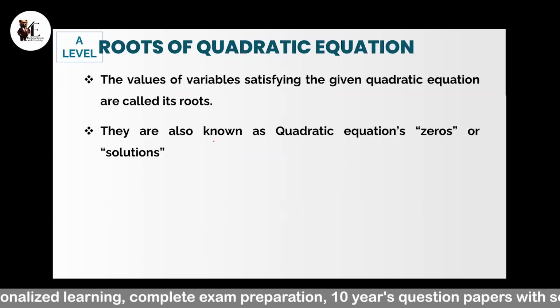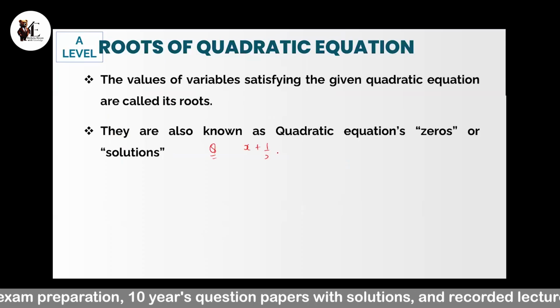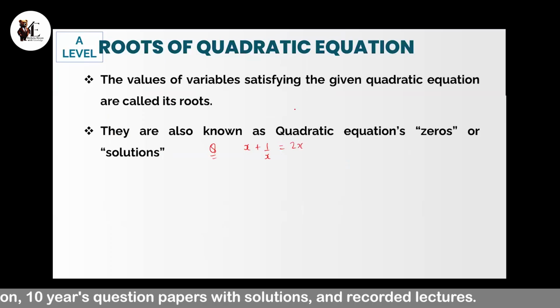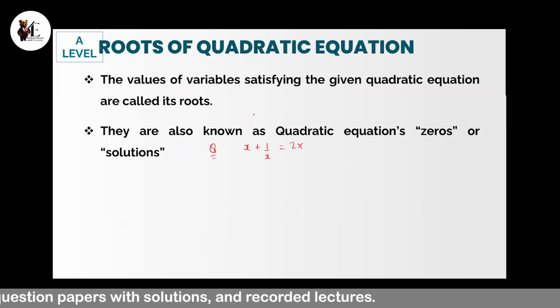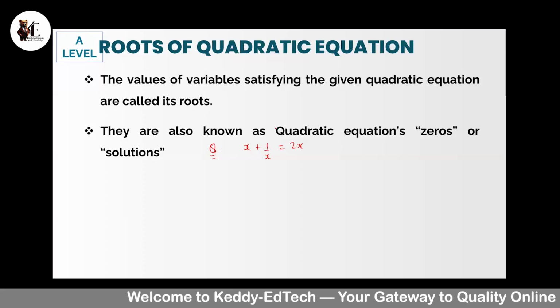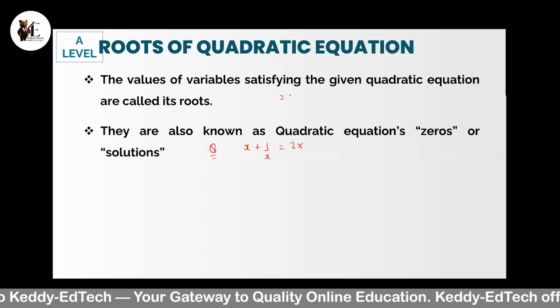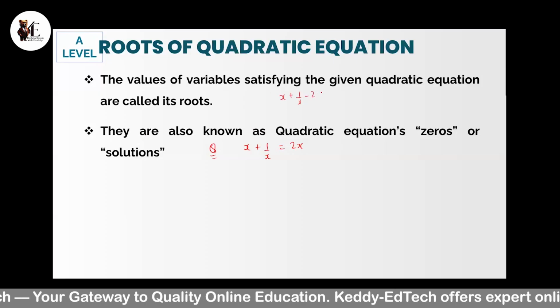It was x plus 1 over x equals 2x. And what do you have to do in this one? You have to solve, or form the quadratic equation. Whatever is done on the right, you have to do on the left. I think the 2x changes to a negative 2x, so it will be x plus 1 over x minus 2x equals 0.